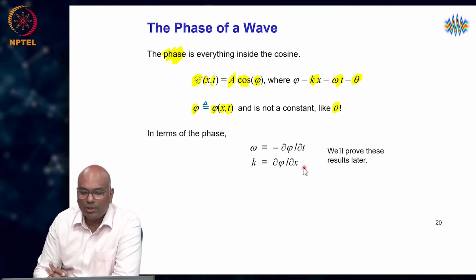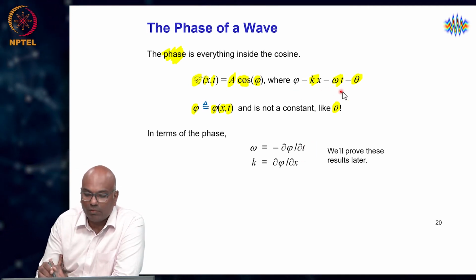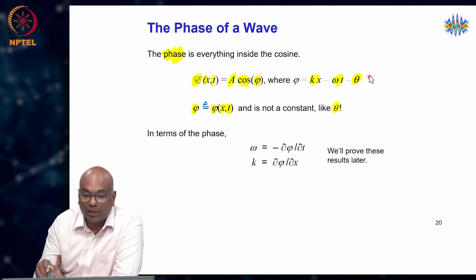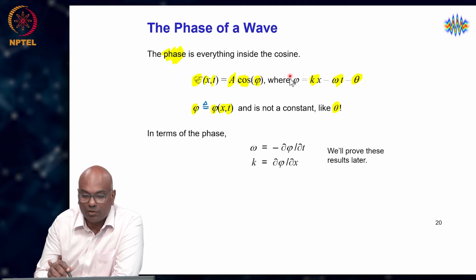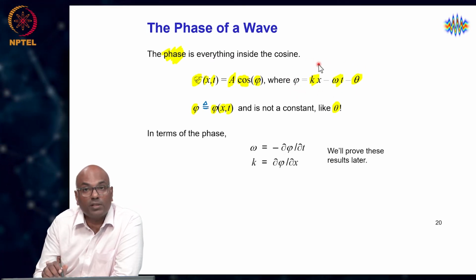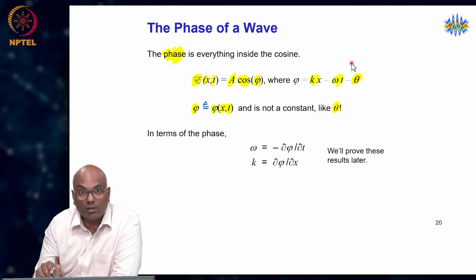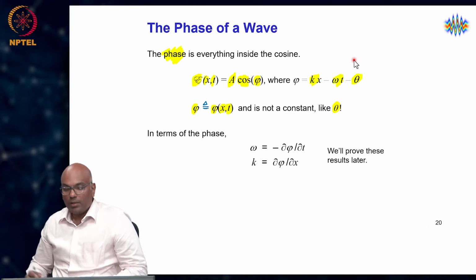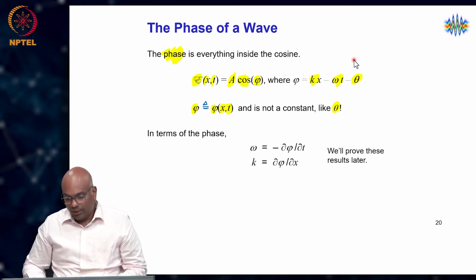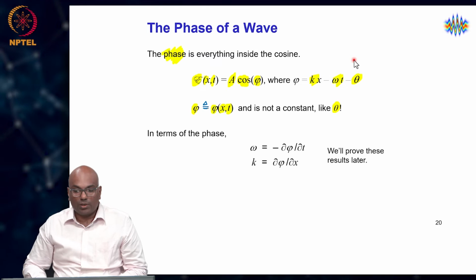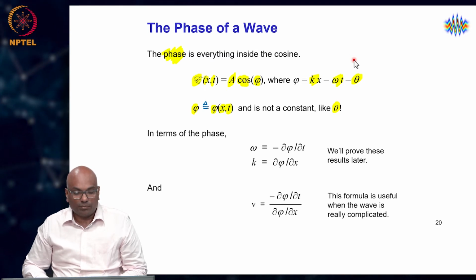Okay, so this is more or less obvious if we look at the function phi, which in the case of the simplest wave that we have considered, is kx minus omega t minus theta. Okay, so these are results we can prove more rigorously later during the course as needed.